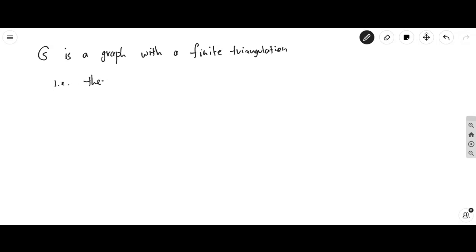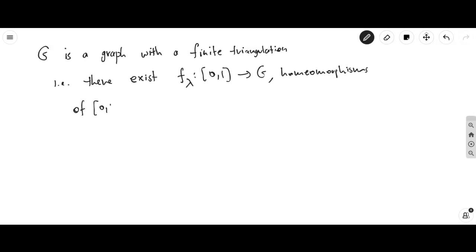I.e., there exist maps f lambda from [0, 1] into G, which are homeomorphisms of the interval from 0 to 1 onto a closed subset. If you assume that G is Hausdorff, then it has to be a closed subset, but let's not even go there. Onto a subset G lambda of G.